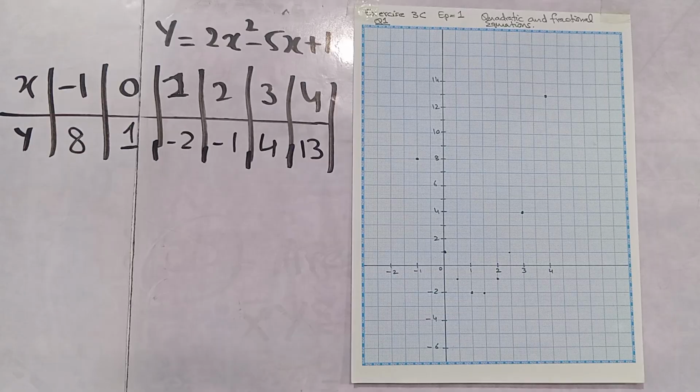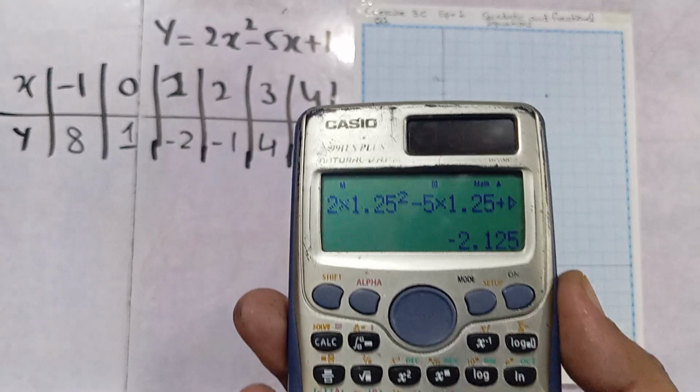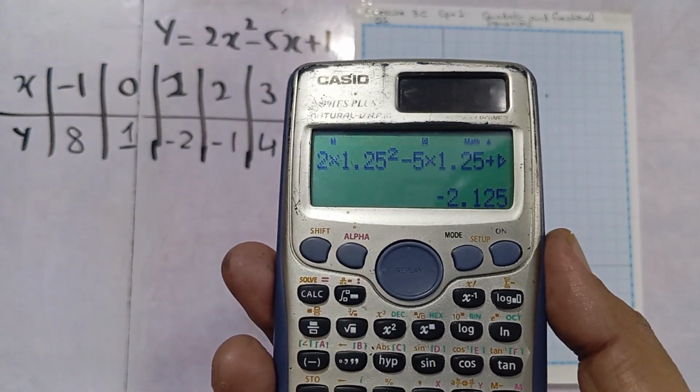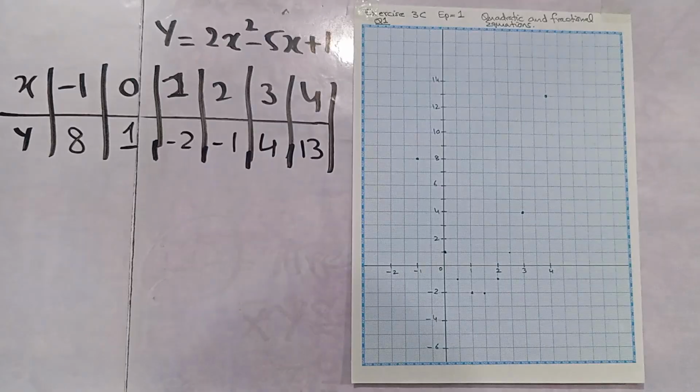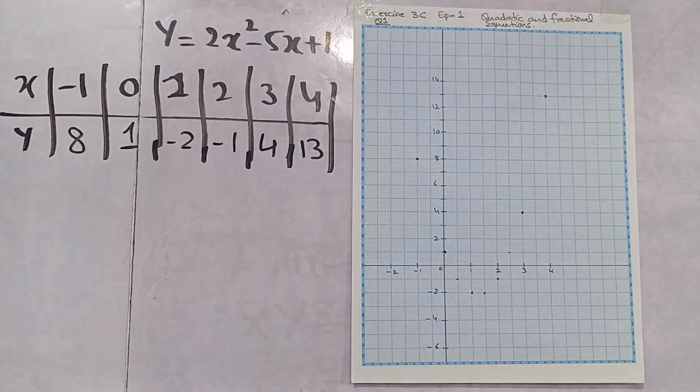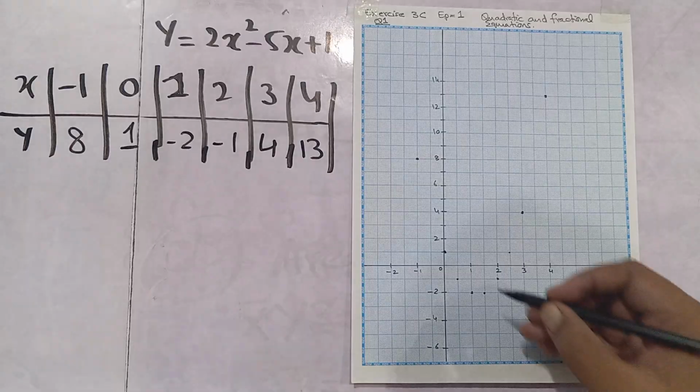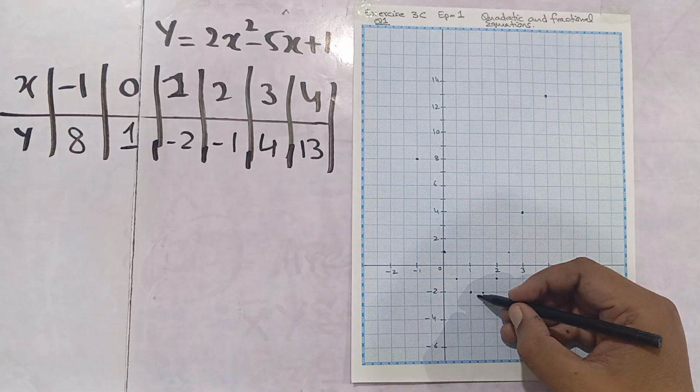This gives me -2.125. So this is the point on which the graph will turn. At 1.25, it is -2.125, so it will be here somewhere.